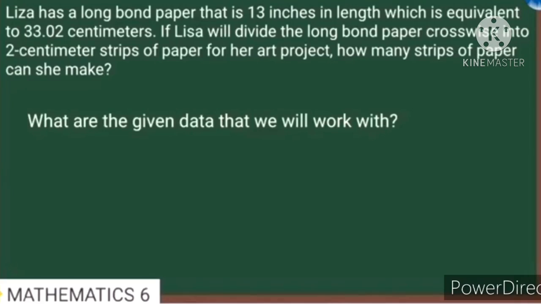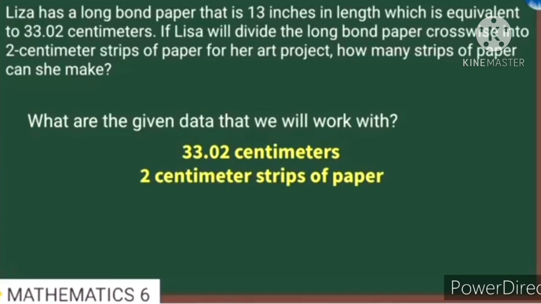What are the given data that we will work with? Very good. The given facts are 33 and 200 centimeters and 2 centimeter strips of paper.